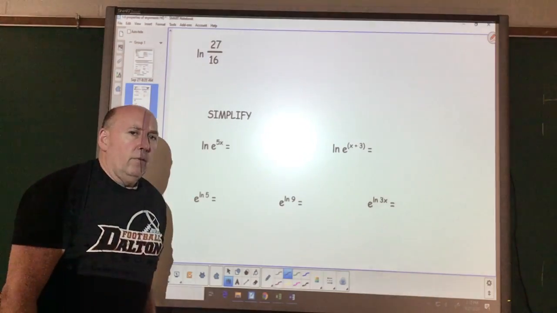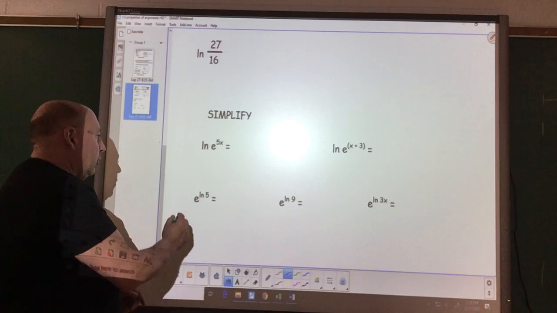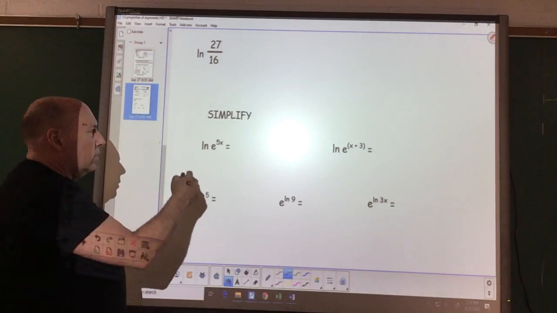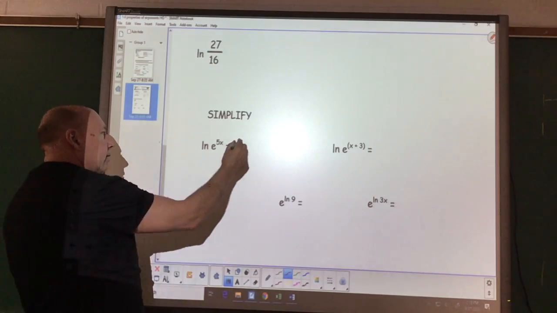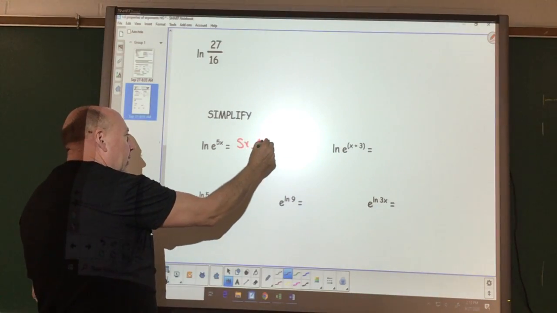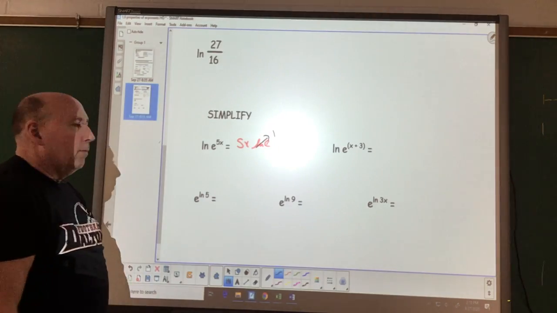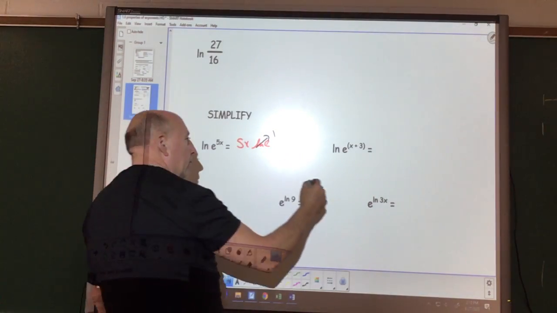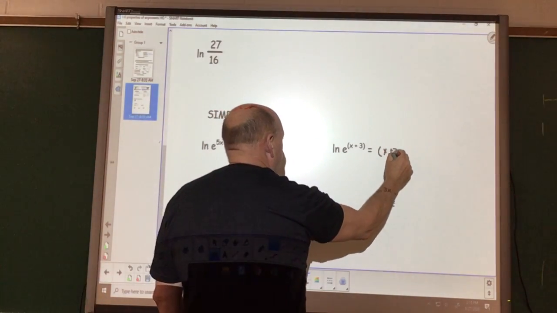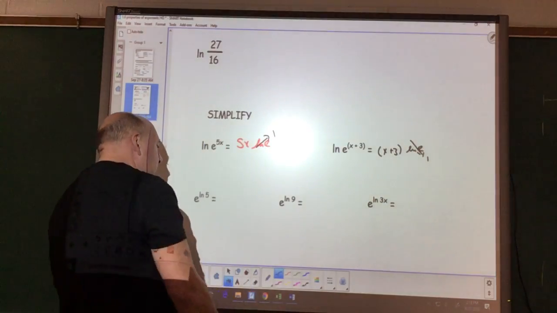In your calculator, let's solve these down here. We can bring the exponent out front. So we have 5x times the ln of e. ln of e is a value of 1, so we're just left with 5x. Same thing will happen over here. x plus 3, ln of e. This goes to 1, so we're left with x plus 3.